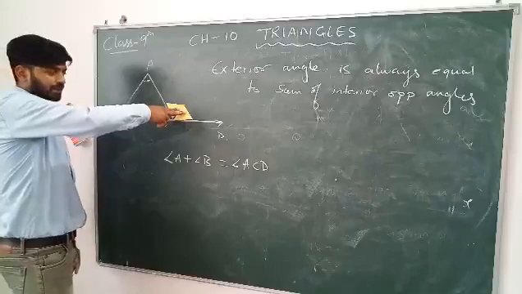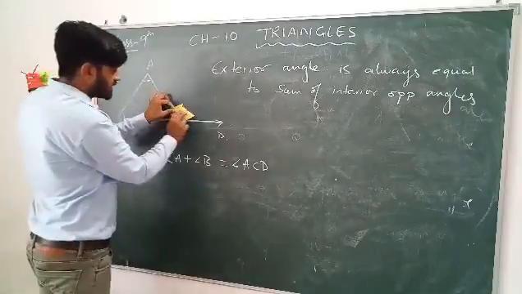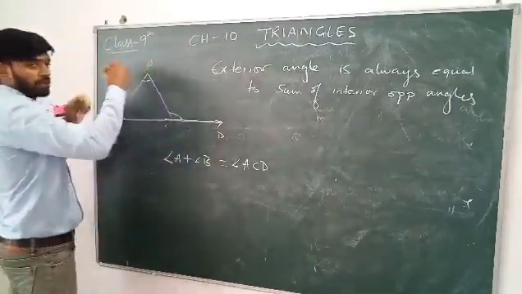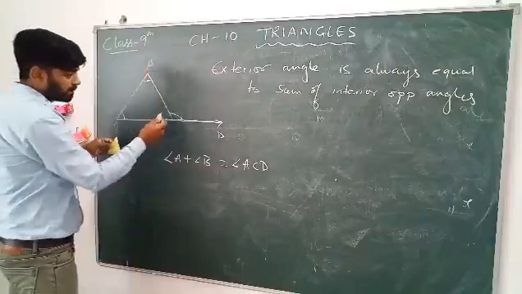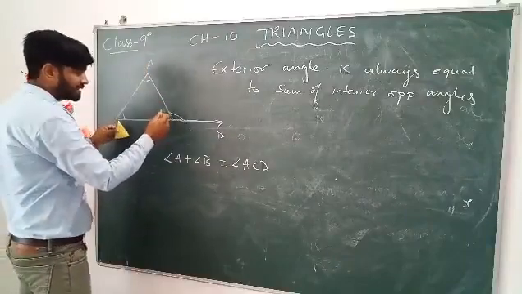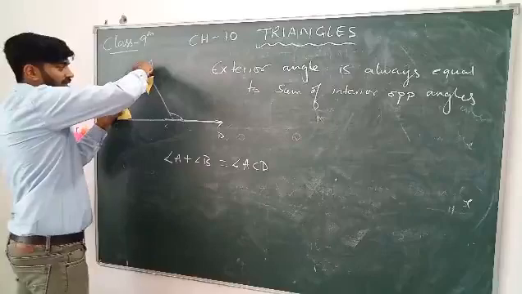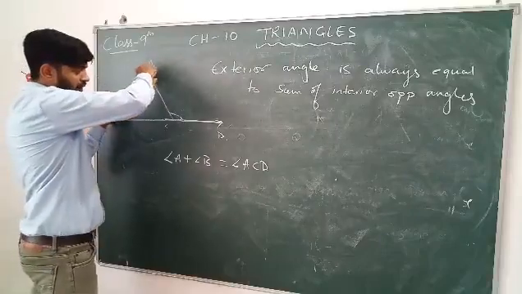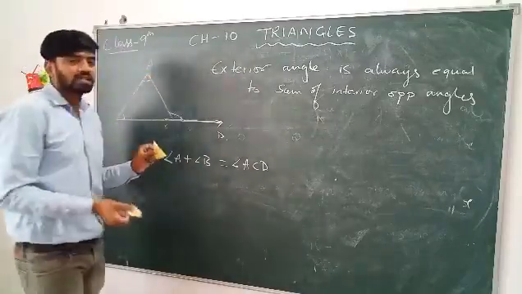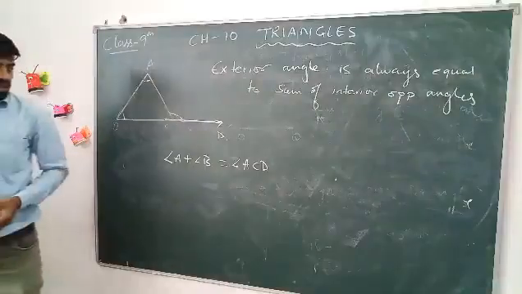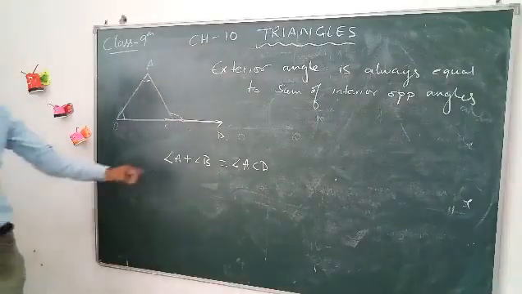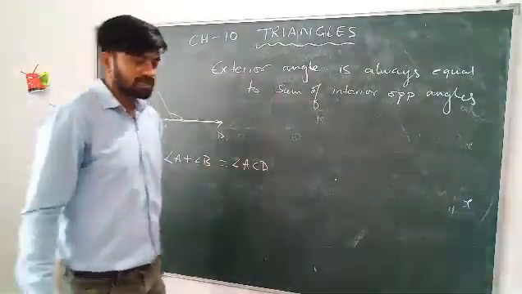Can you guys see? Exactly. So that's why we say the sum of interior opposite angles. These are opposite angles. Why? Because this is the adjacent angle, and the angles that are not touching this are called opposite. So the sum of opposite angles is equal to the exterior angle. So we say angle A plus B equals the exterior angle.